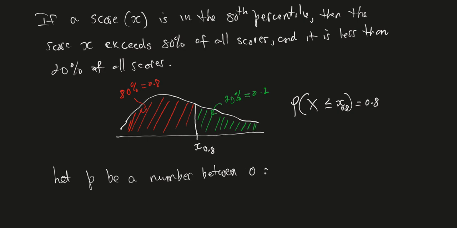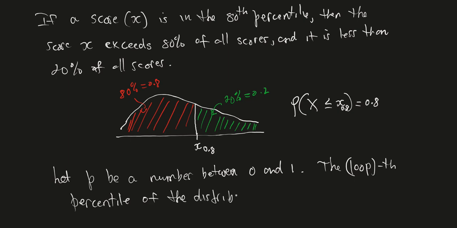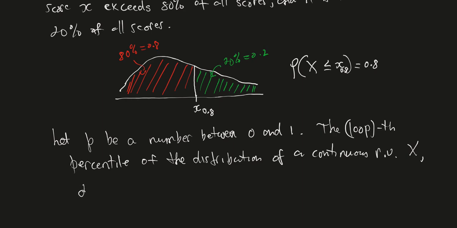The 100 times pth percentile of the distribution of a continuous random variable X, and let's write down the notation for it.